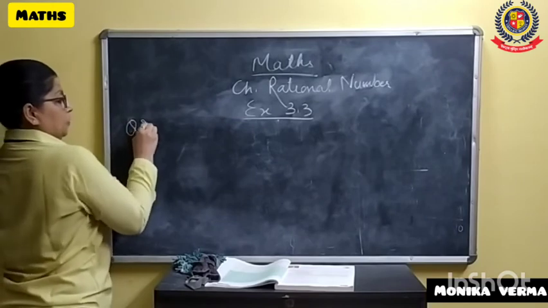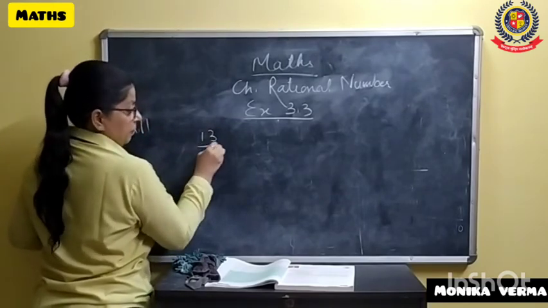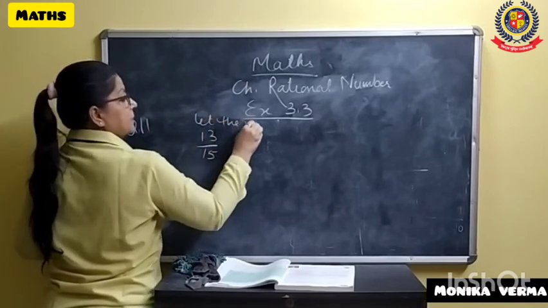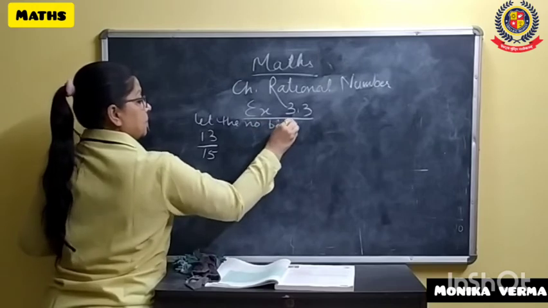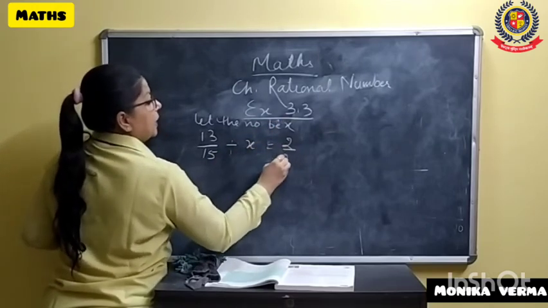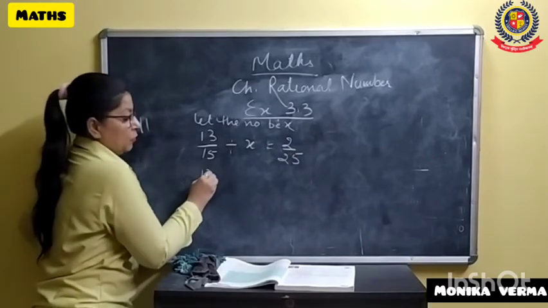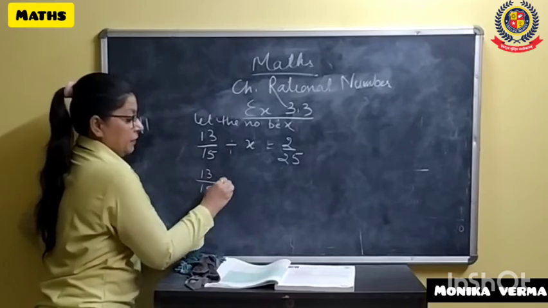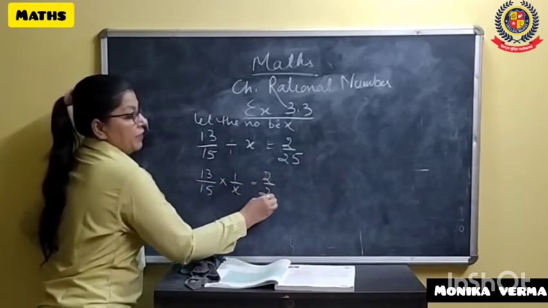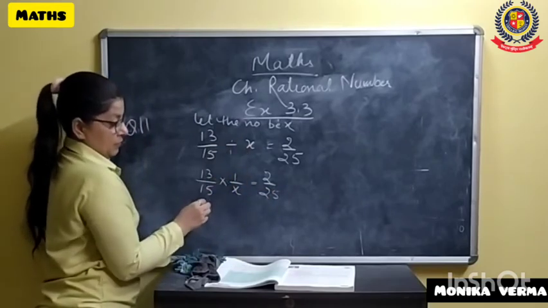So now it means 13 by 15, let the number be x. 13 by 15 divided by x is equal to 2 by 25. We have to find x. So we can do 13 by 15 into 1 by x is equal to 2 by 25. We have changed the division sign and x into reciprocal.